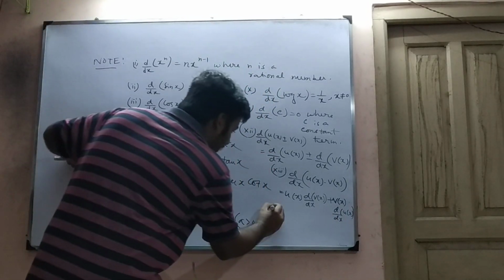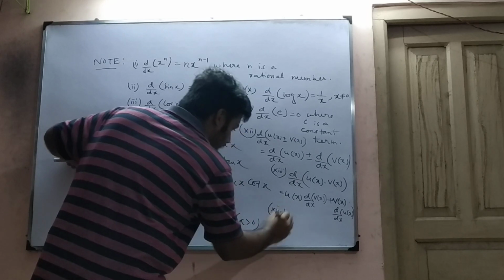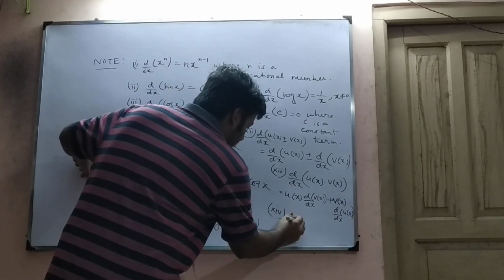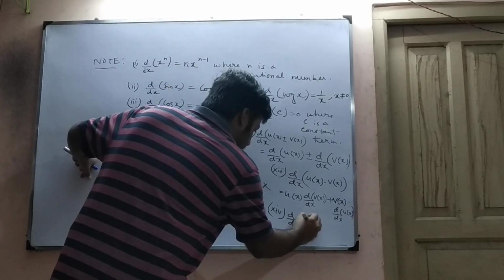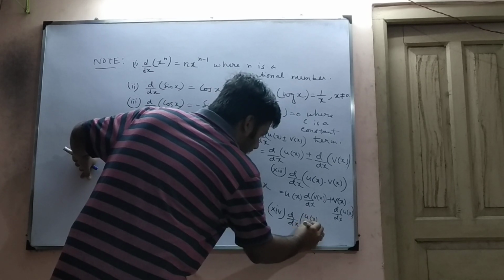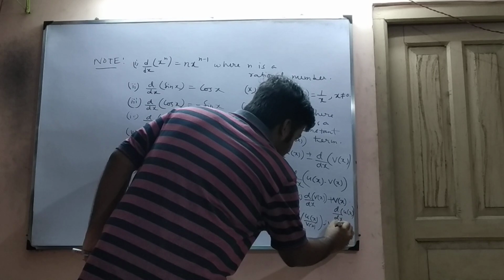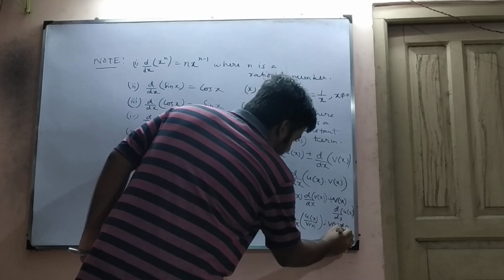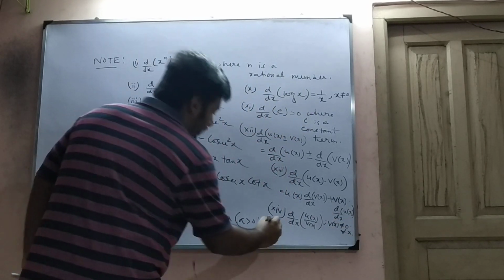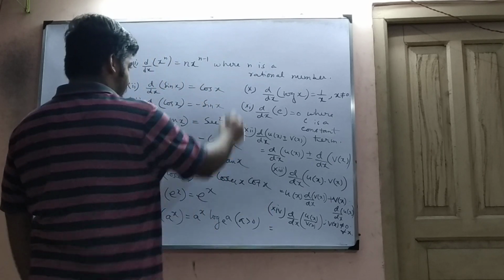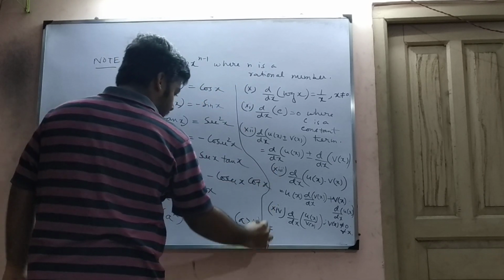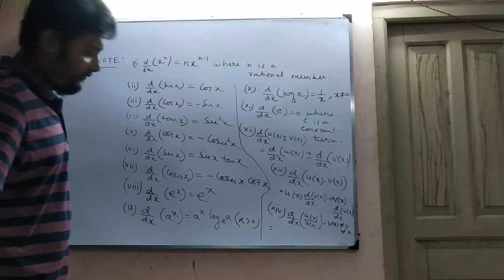Now at last, number 14, d/dx of u(x) by v(x). Here v(x) must be not equal to 0 for all x. What is d/dx of u(x) by v(x)?